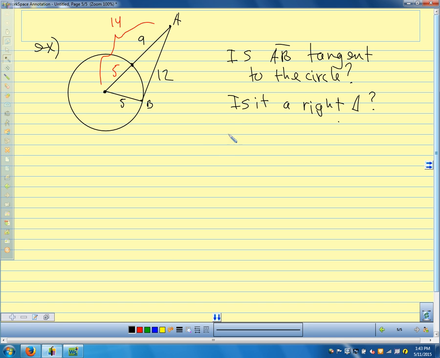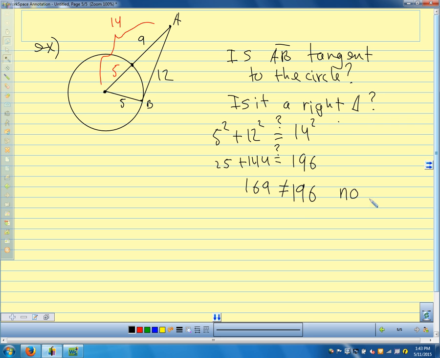So we're saying, is 5 squared plus 12 squared, does that equal 14 squared? 25 plus 144, does that equal 14 squared, which is 196? No. What is this? 169 does not equal 196.